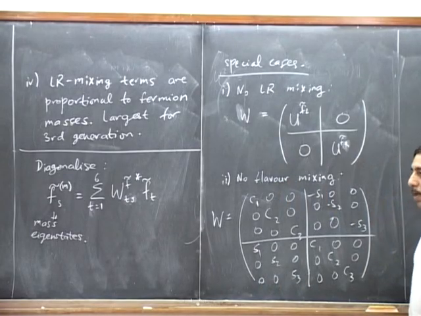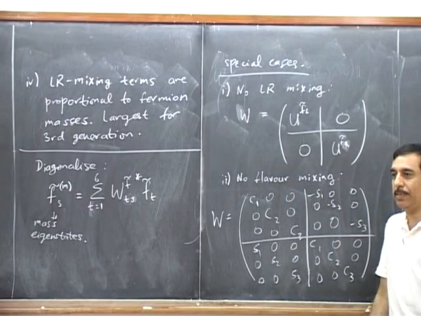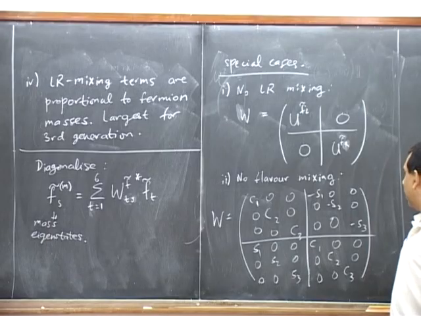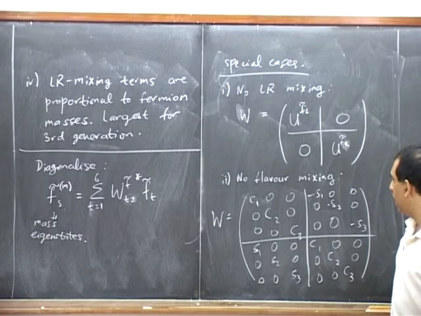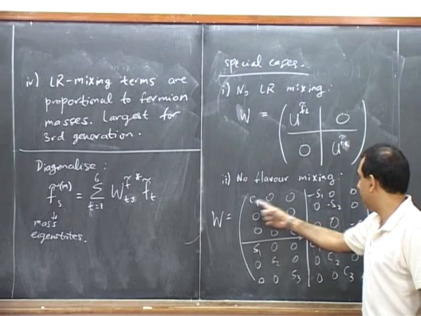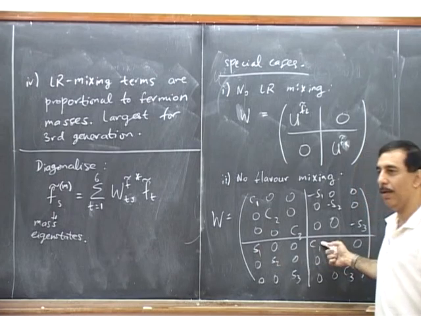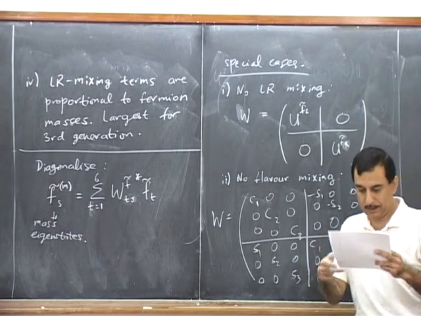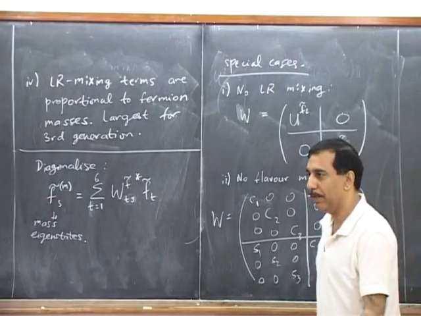Where C1 and S1 are cosine and sine from one angle, which is the angle that mixes the left and right first generation fermions, and C2, S2 and C3, S3 are the cosine and sine for the other generations. And you see that if you look at this matrix properly, it's just doing a mixing C1 minus S1, S1, C1 on the 1 and 4 components, and then the same on 2 and 5 and 3 and 6. So this is the possible limit of the mixing matrix.